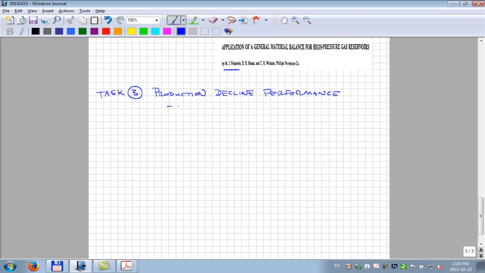And that can be of individual wells, and or the entire field.